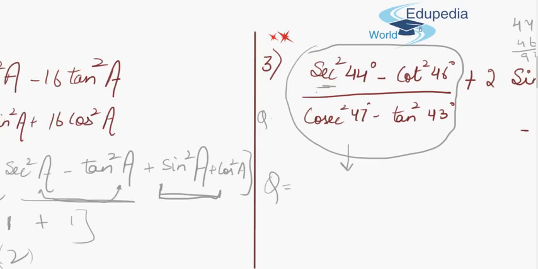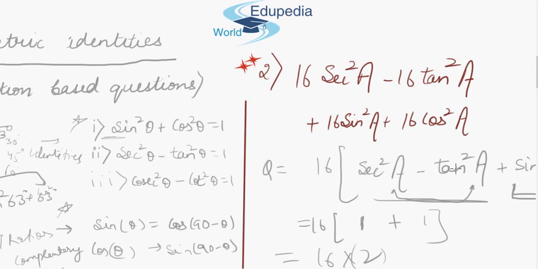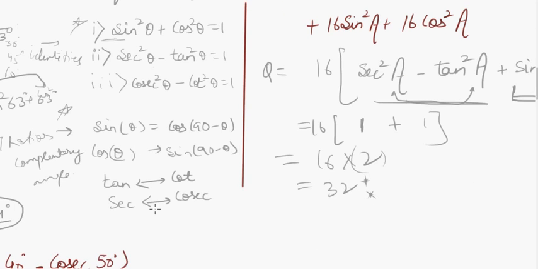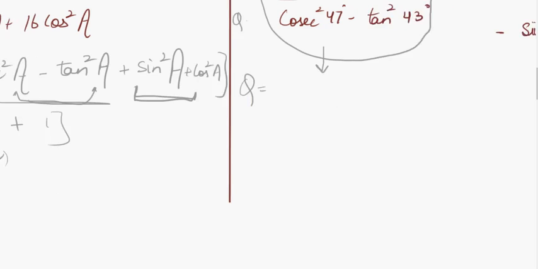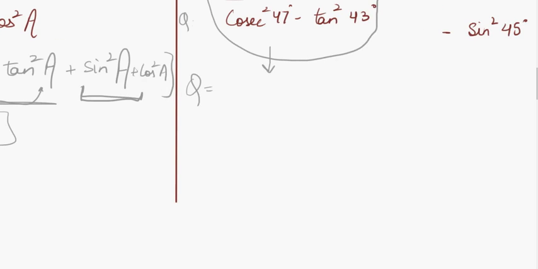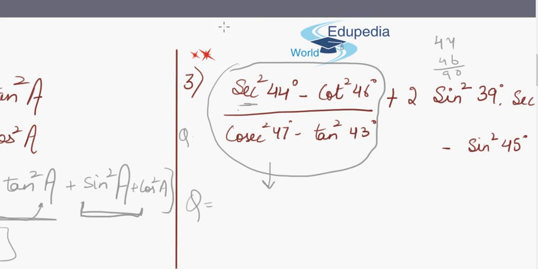What we get? See, in the complementary rule, secant was complemented to cosecant, that is, secant and cosecant follow the complementary rule.